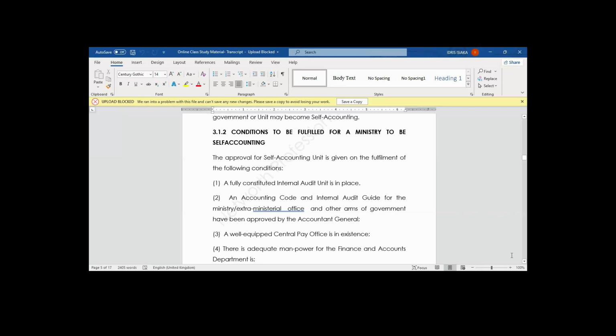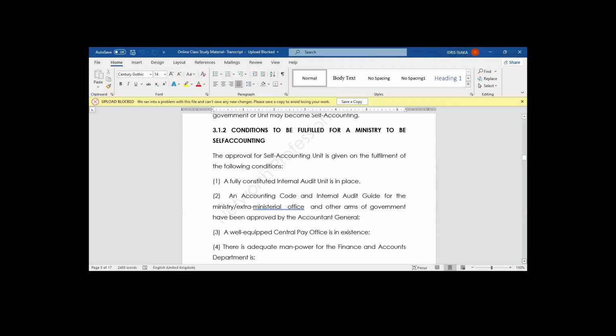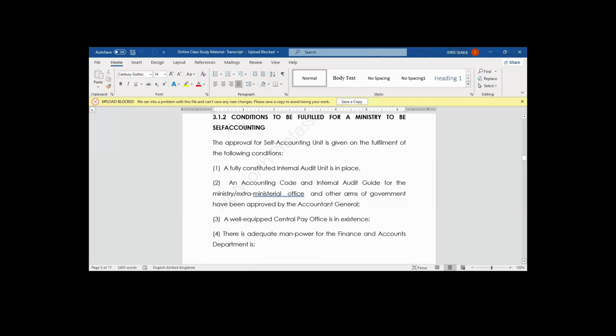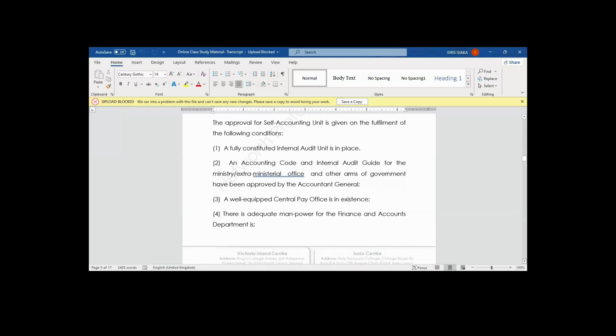Accounting code means they have an accounting package or accounting manual. They also have internal audit guideline. That is number two condition to be fulfilled for a ministry to be referred as self-accounting unit.